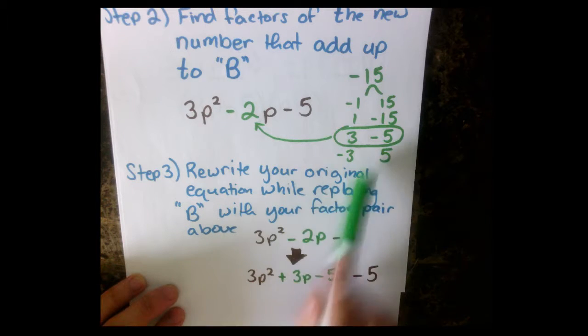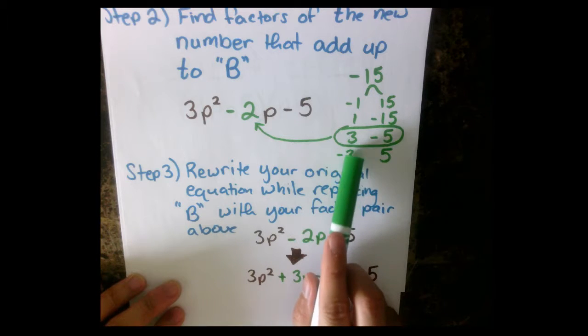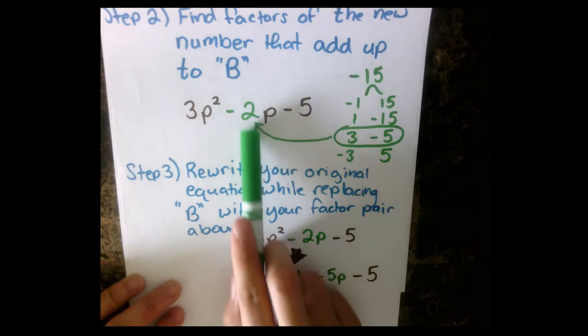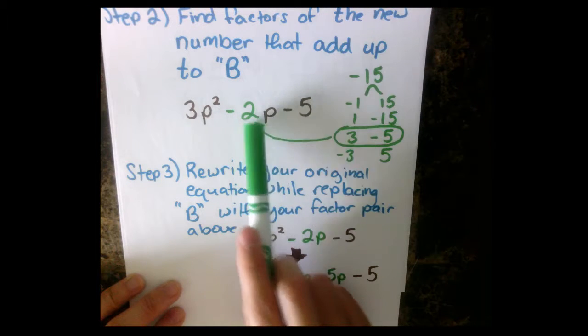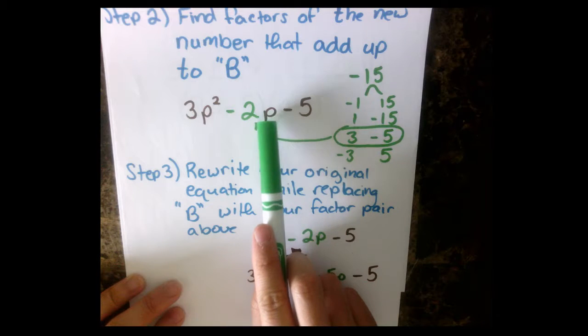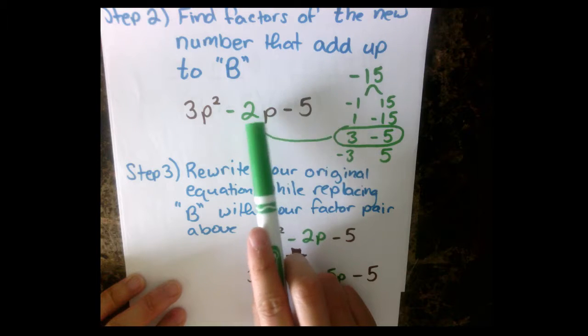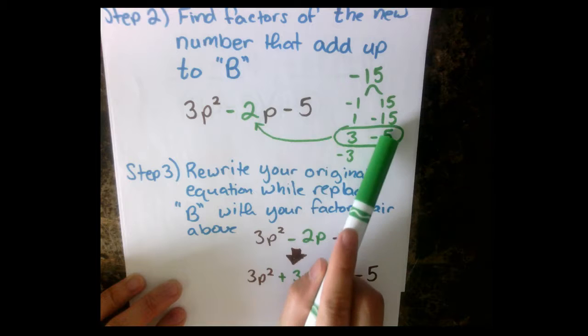This factor pair that you found, you're going to rewrite the whole original equation, but you're just going to replace your b, this middle term, the whole thing, with these two. Don't forget your letter that's attached. In this case I'm using p. This could be an x, a y, it doesn't really matter. But instead of writing negative 2p, I'm going to write positive 3p minus 5p.